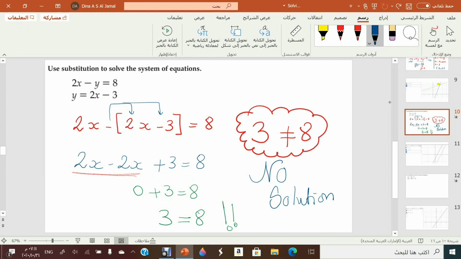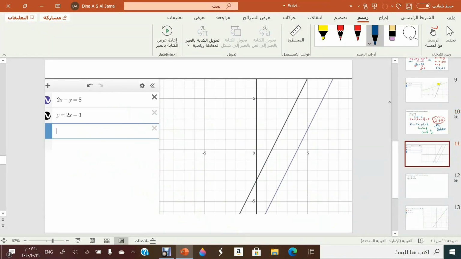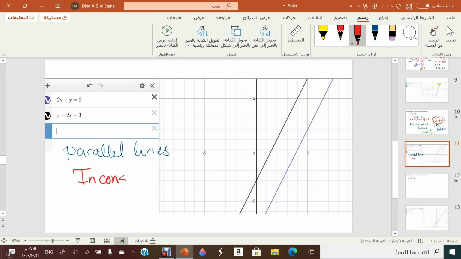And if we graphed this system of equations, I will be getting parallel lines. They will not intersect in a point. That means it is inconsistent. And you will not have any solution, no solution.